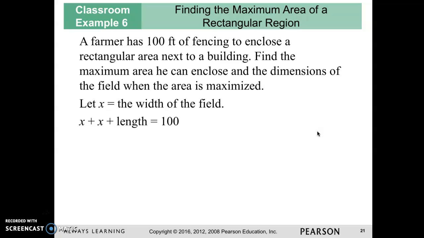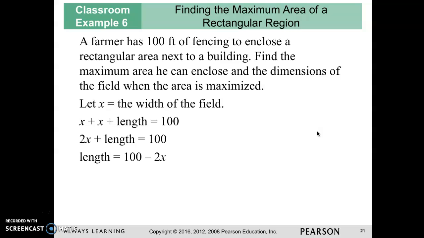So remember, the area basically is going to be, if x is the width of the field, you're going to have the width of the field plus, because it's a rectangular area, plus the width of the field plus the length. That's going to be equal to 100. So therefore 2x plus the length is equal to 100.